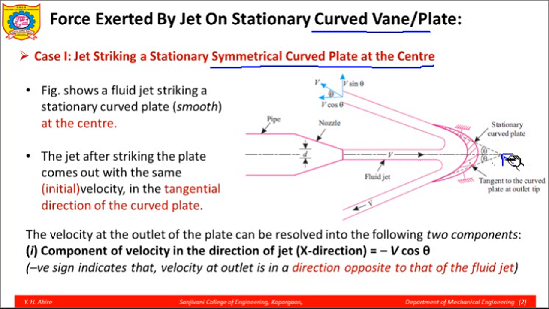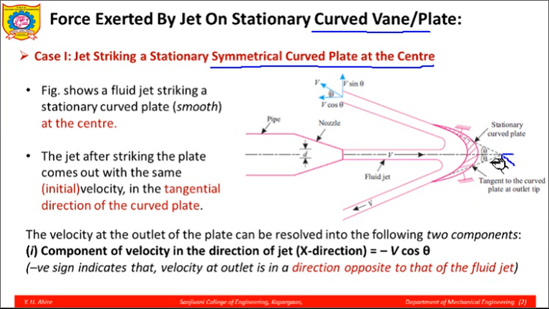The jet axis can be considered as the x-axis because the jet is horizontal. So both tangents are making the same angles, theta. These are tangents at the outlet tips of a curved vane.